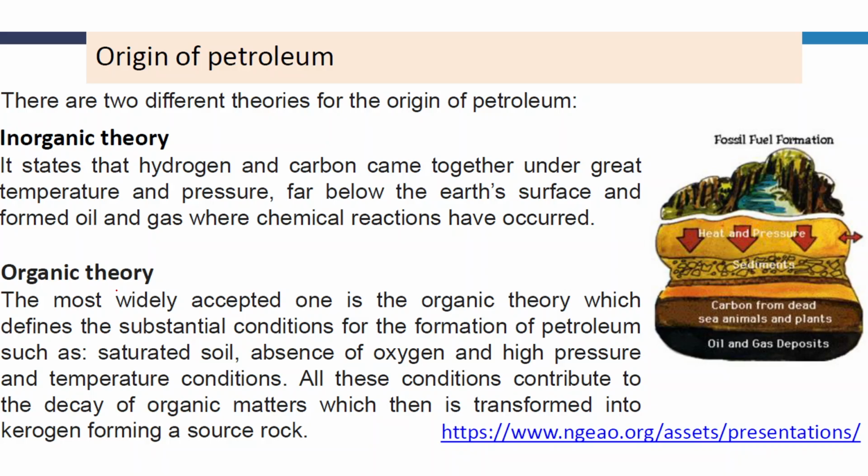But the second theory, the organic theory, says that as coal is produced from plant remains, petroleum is found to have been formed from animal remains. It says that absence of oxygen, and high pressure and temperature, all these conditions contribute to the decay of organic matter, mainly animal matter, which is then transformed into kerogen, forming a source rock.